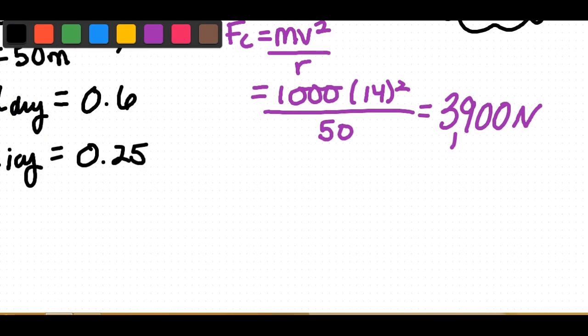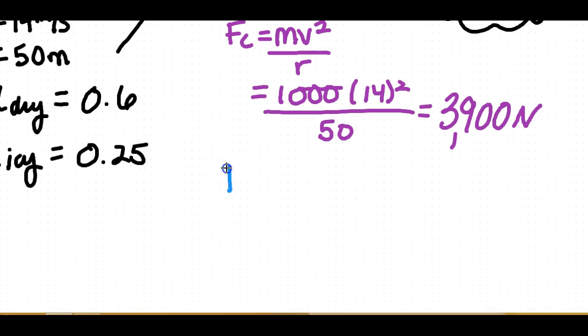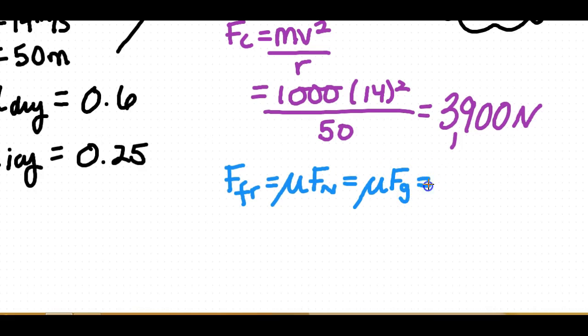So let's start with the dry, and we want to figure out what the force of friction is. Now force of friction, the basic formula, is coefficient times force normal. Now if we're on a level surface, that means that normal and gravity are the same size. So we can say that force of friction is equal to coefficient times force of gravity. And the force of gravity is just mass times gravity.